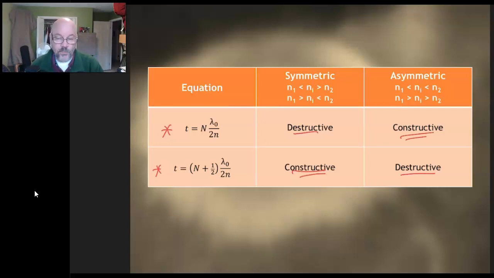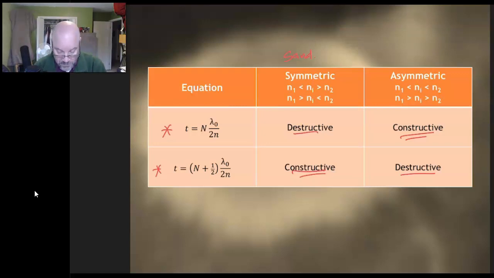So you've got to look for, what's my situation? Do I have a sandwich situation where it's going to go fast, slower, fast again, or slow, fast, slower again? That's the sandwich. That's the symmetric one.